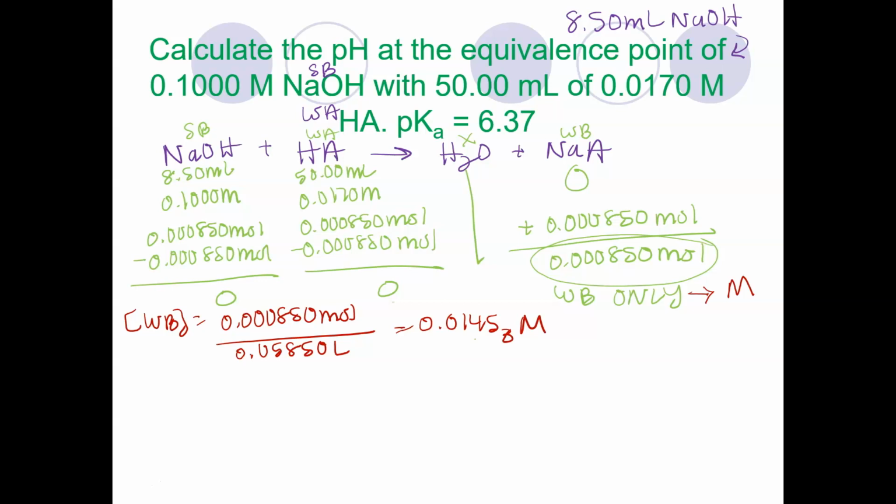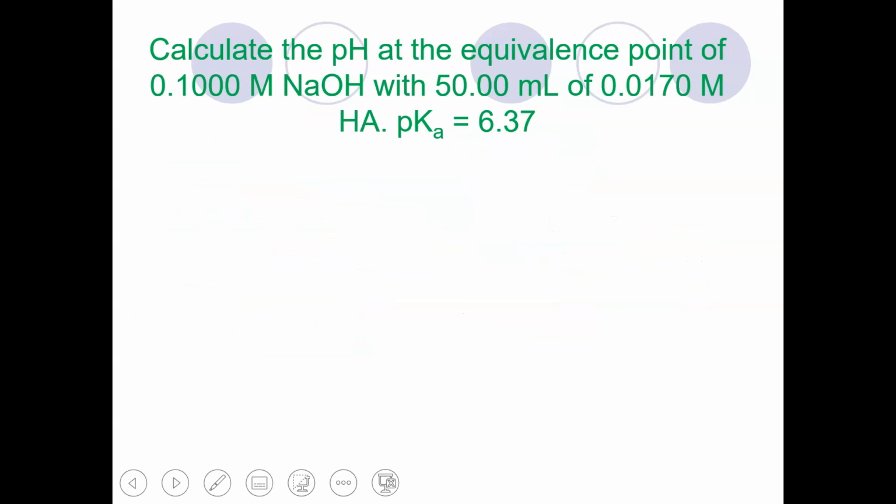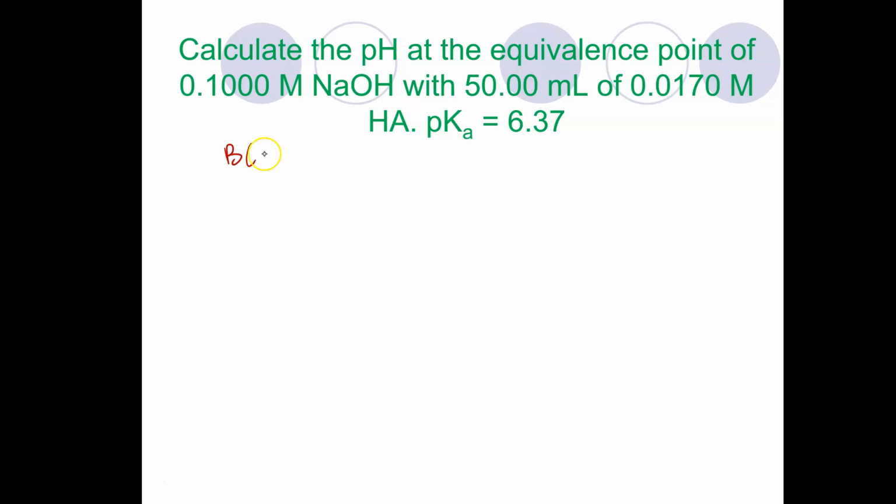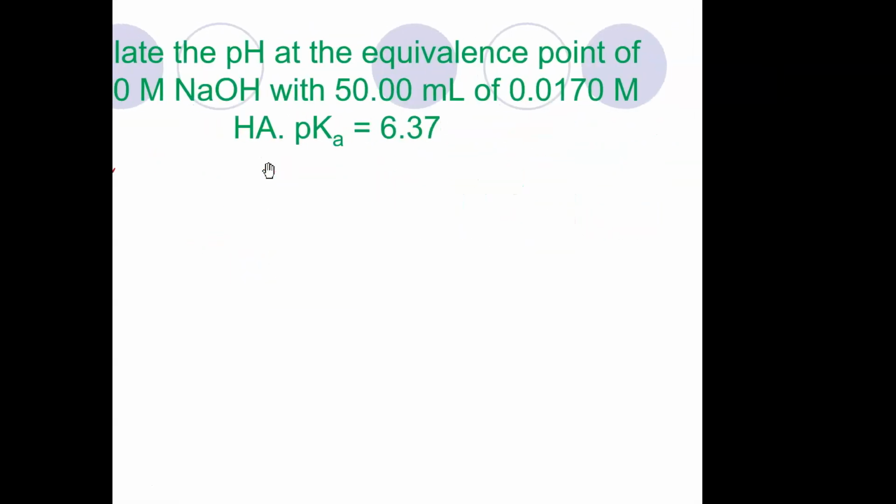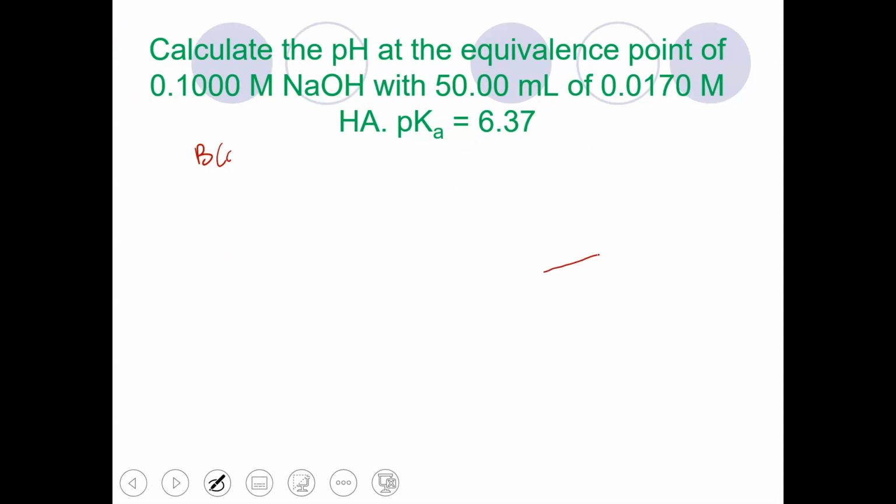So we now have a weak base. We have to do an ice table. So I'm going to flip to the next slide to make sure I have enough space to set up my ice table. Since it's a weak base, my ice table is going to be like base plus water. Sorry, I hope this isn't giving anyone motion sickness.